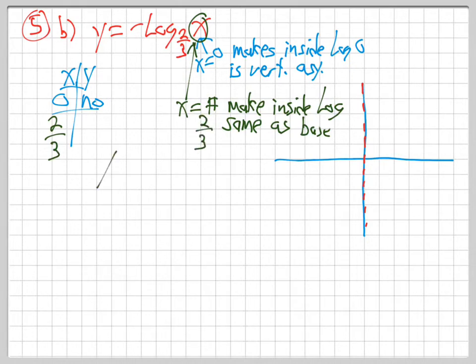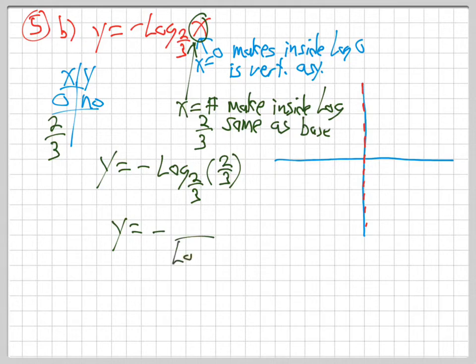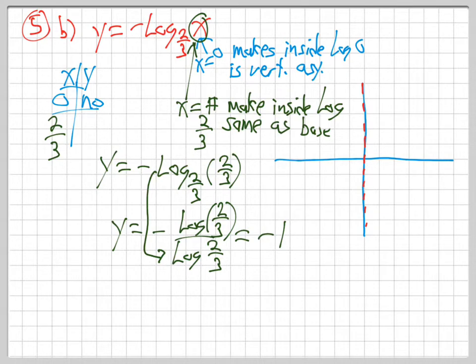If we make x 2/3, then y will equal minus log base 2/3 of 2/3. The base goes to the bottom, the other one's on the top, and that's just minus 1, because the same thing over itself is 1. So that's over 2/3, down 1. Over 1 is here, and 2/3 is a little before that, about right there.